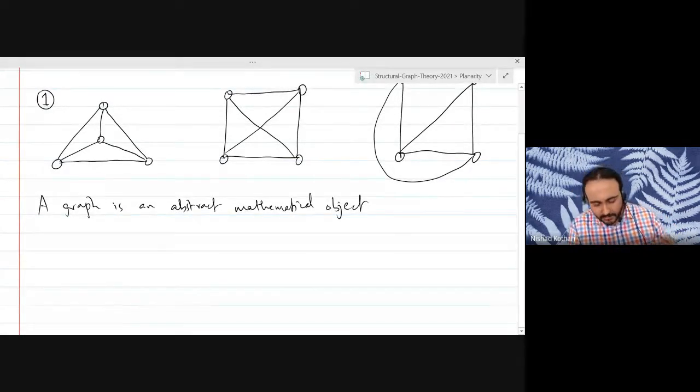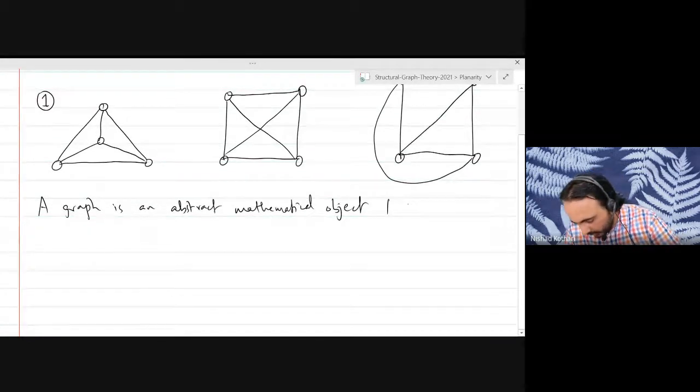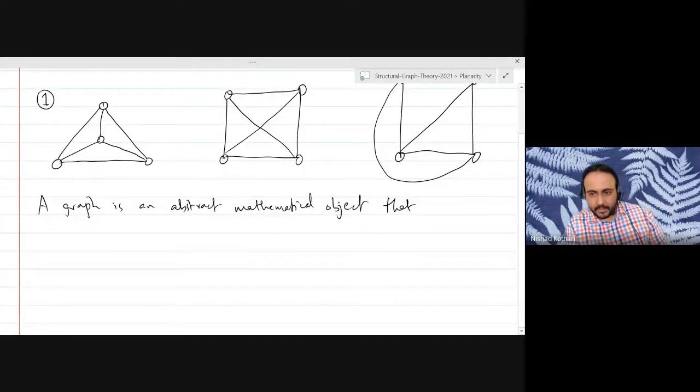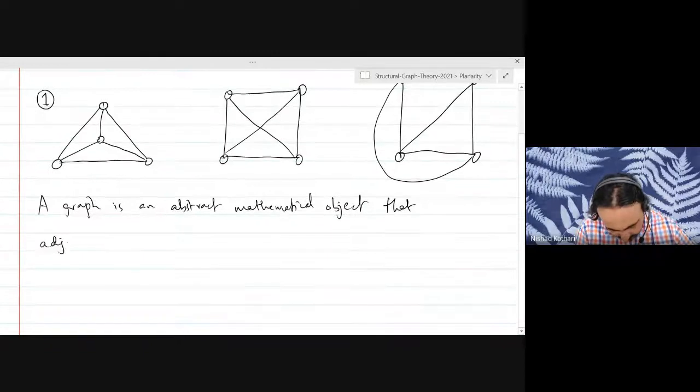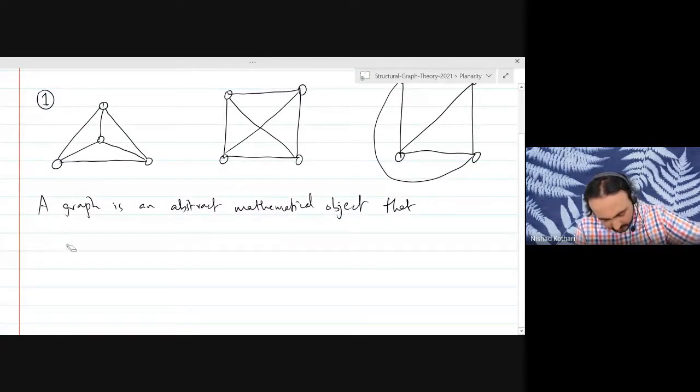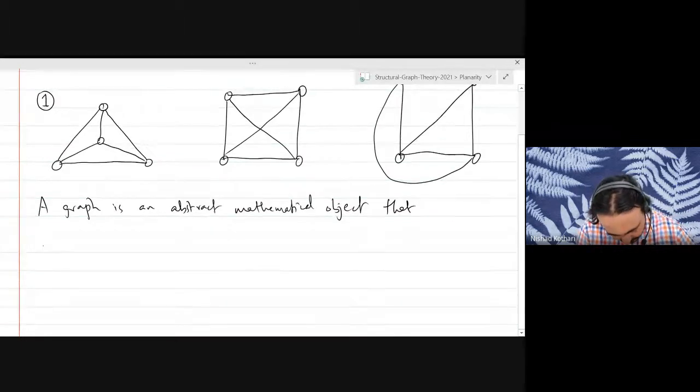So what are some types of representations of graphs? Can someone tell me? What are the different representations of graphs that you are familiar with? Adjacency matrix. Right, matrices. Okay, what else? Adjacency list. Okay.